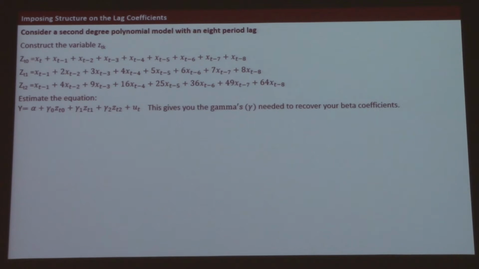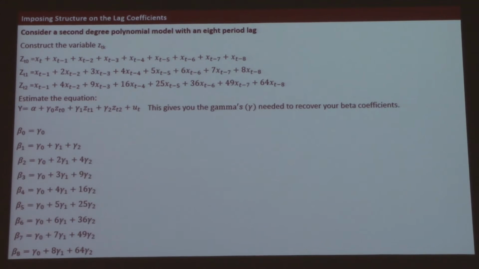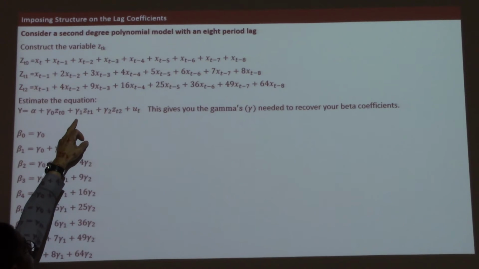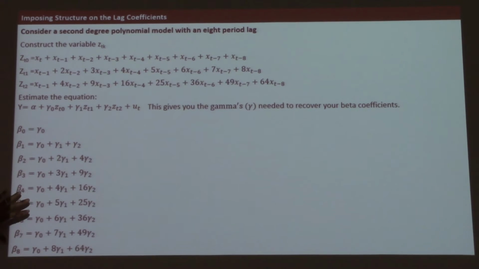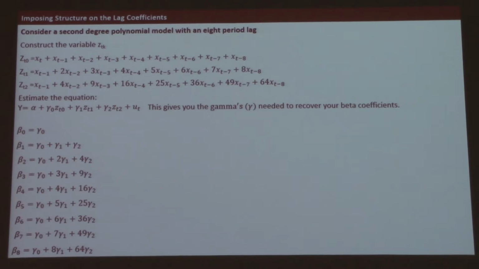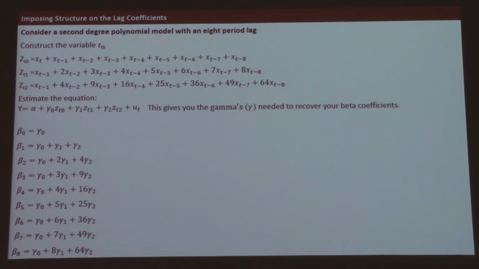And this gives you the gammas. So once we estimate this, our regression coefficients are going to be gamma 0, gamma 1, gamma 2. Then we're going to go back to that first slide, and we're going to replug these back in. So remember on the problems that we just did, we had to pull the coefficient.